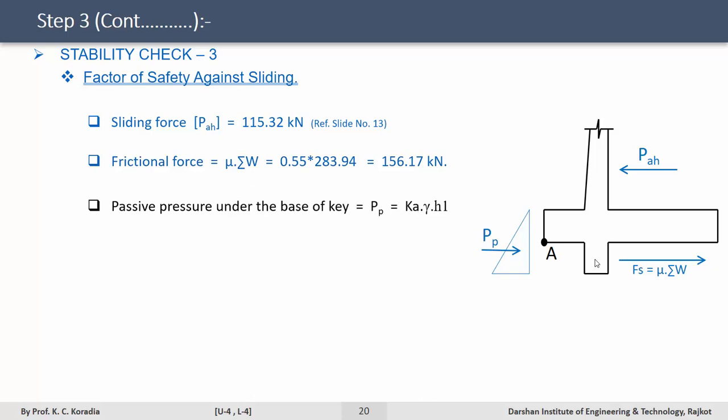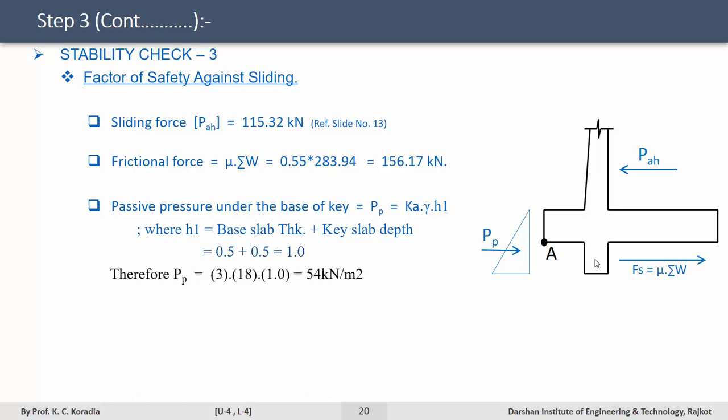Again, passive pressure under the base of the key PP is equal to Ka gamma H1. H1 is the base slab height plus key slab depth, that is 0.5 plus 0.5 gives 1.0 meter. Therefore, PP, the passive pressure, will be equal to 3 times 18 times 1 is the height, which is equal to 54 kilonewton per meter square.